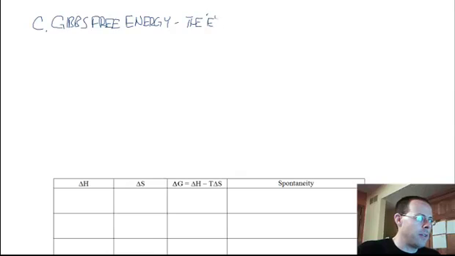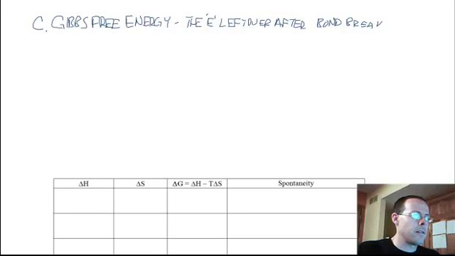I was going to do capital E, the energy left over after bond breaking and bond forming, and this energy is really our delta H, okay?